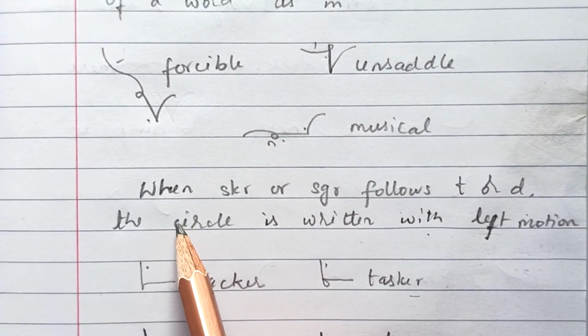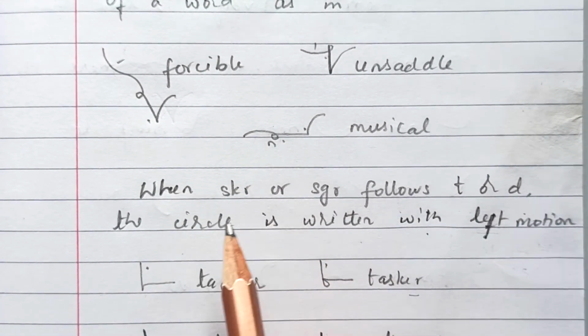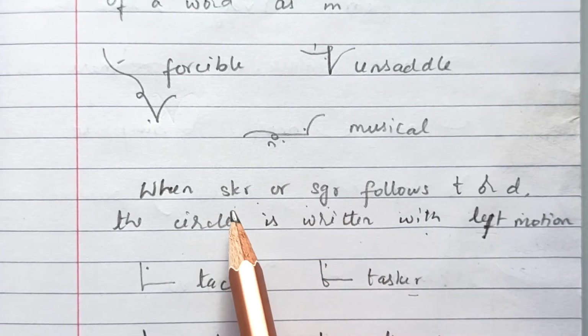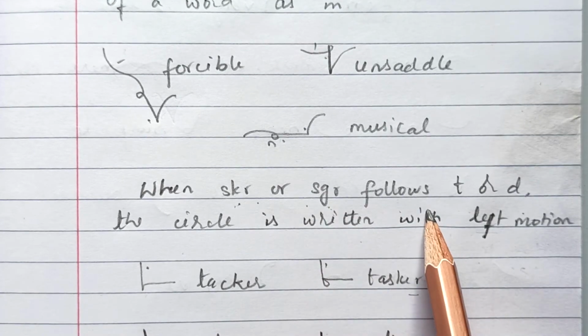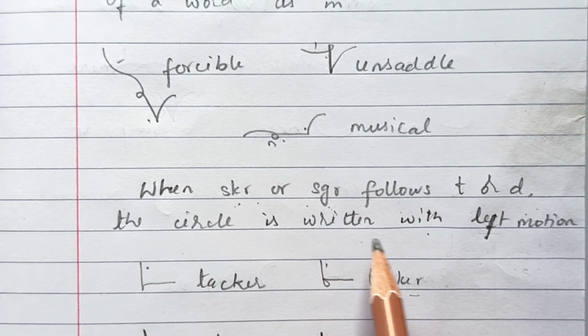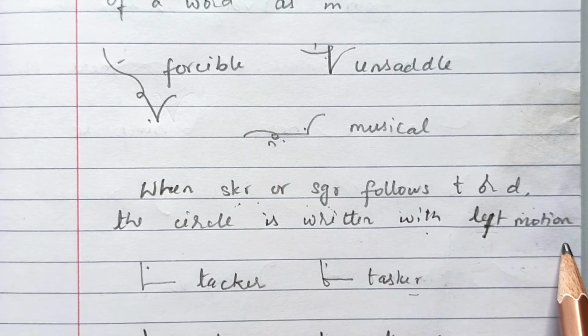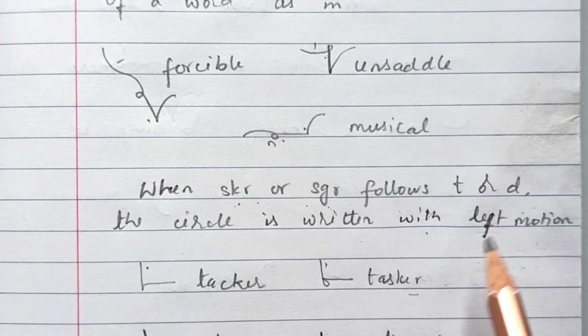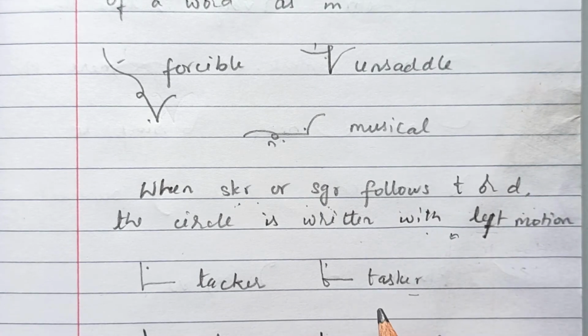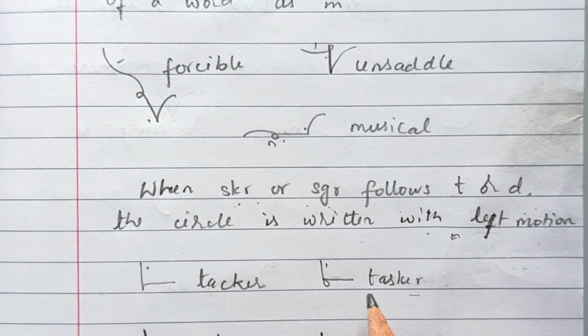Further, when SKR and SGR follow T, R, D, the circle S is written with left motion. So usually we write with the left motion. So tacker, here tasker.